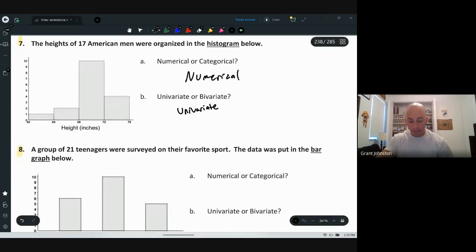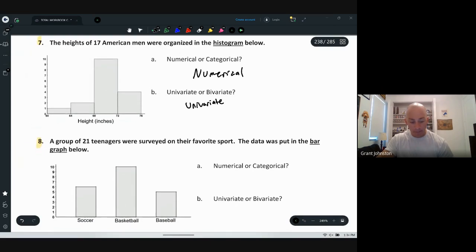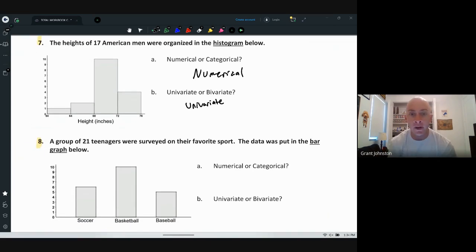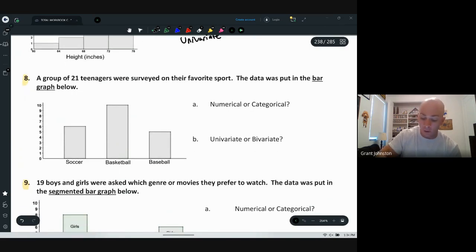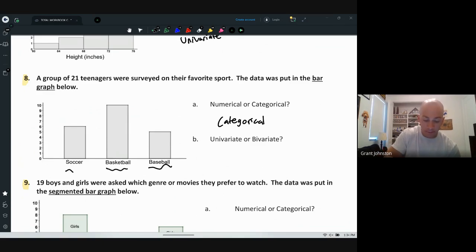Now 8 is a bar graph. It says a group of 21 teenagers were surveyed on their favorite sport. Their data is in the bar graph. This is categorical, because this variable of sports is separated into categories. Soccer, basketball, baseball, those are different categories. It's not numerical, those are categories.